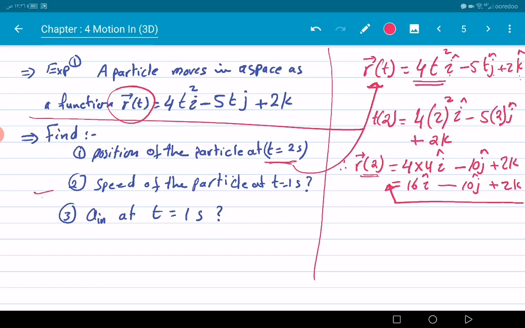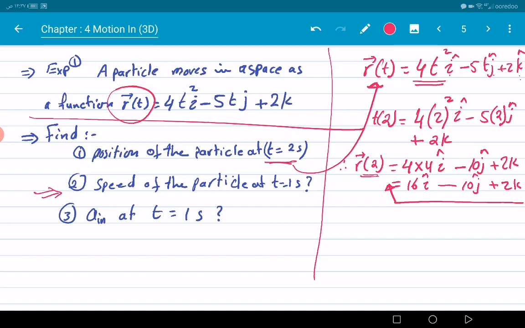Now he needs the speed, and we mentioned before you cannot find the speed directly, you can find it from the velocity, because the speed is a scalar quantity and here is a vector, which moves in a direction. So the magnitude of the velocity is equal to the speed.